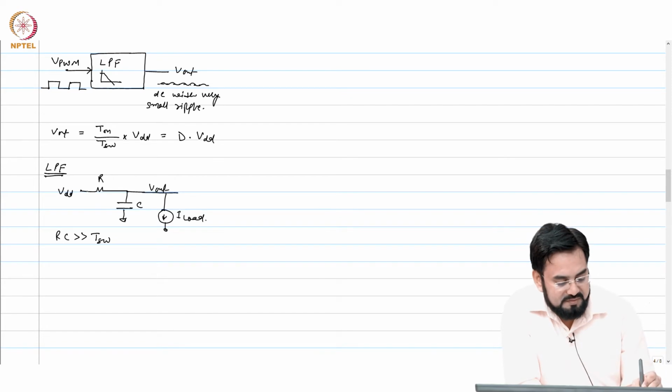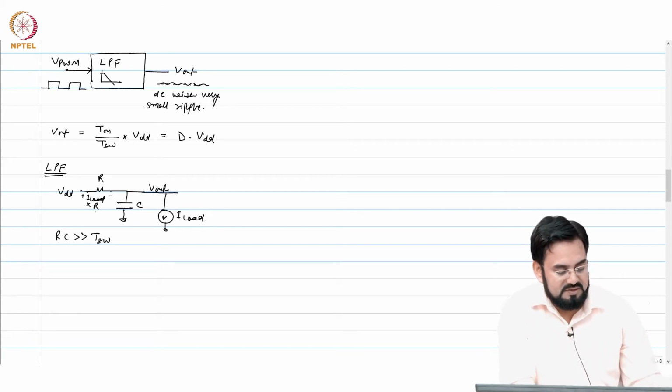What will be the drop here? I load into R, which means what is V out?